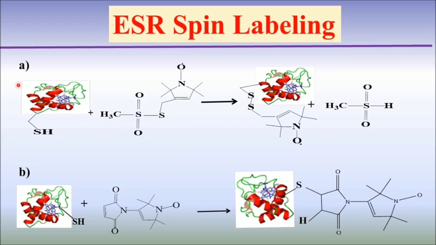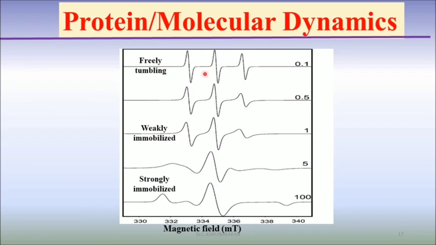Using that, they study the spin labeling and the protein structure. Using the ESR spectra of spin labeled nitroxide radicals, if it is freely tumbling, from the line width and line shape we are able to study the dynamics of proteins or small molecules.